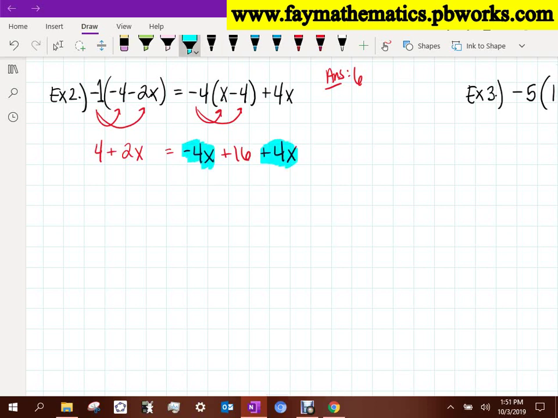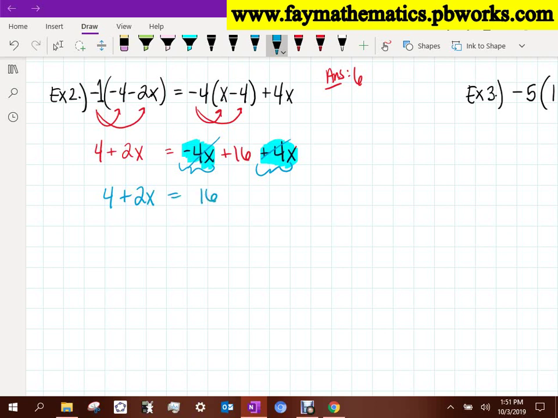When you guys combine like terms, what's negative 4x plus 4x? Remember, negative 4x plus 4x, those just cancel each other out, right? Those are opposites. So we get 4 plus 2x equals then 16.